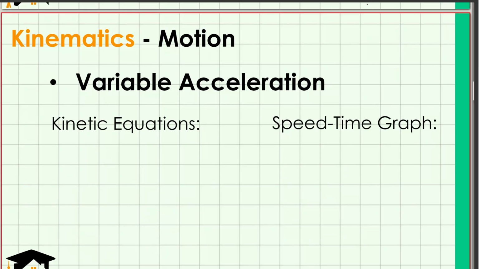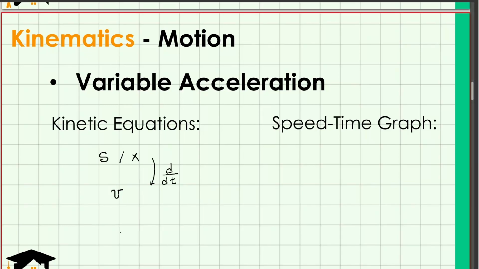The last case is variable acceleration, and in this case, when we want to pass from the position, or x, to the speed, what we have to do is differentiate with respect to time.